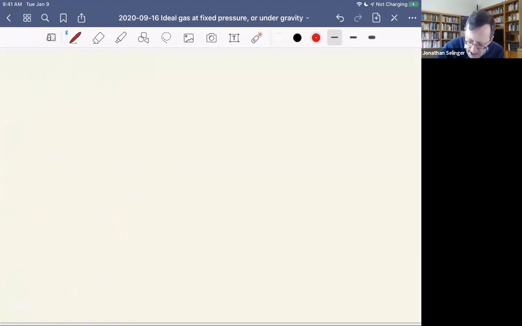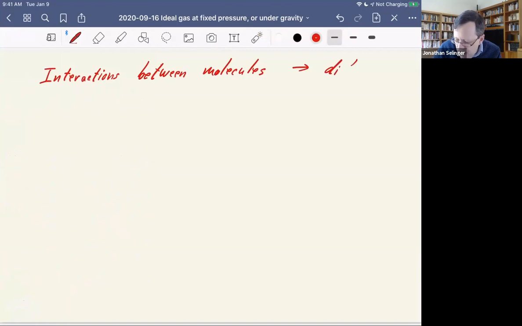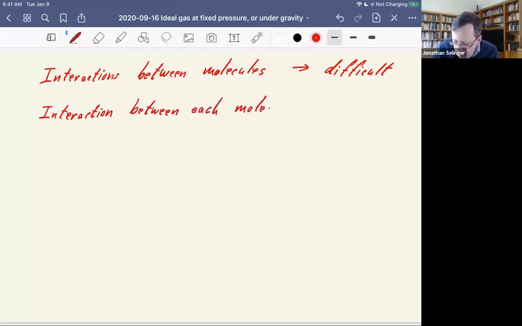We can say, if there are interactions between molecules, that is very difficult. That's what I'm going to talk about shortly. Okay. But what's easier than that would be an interaction between each molecule and gravity.